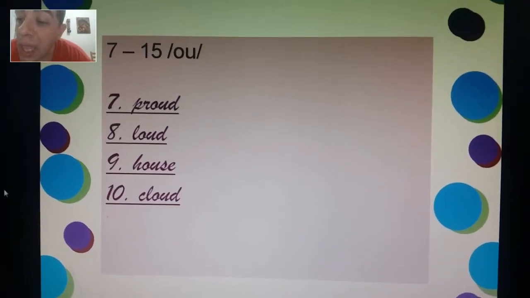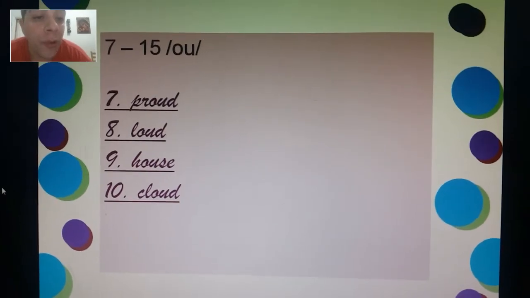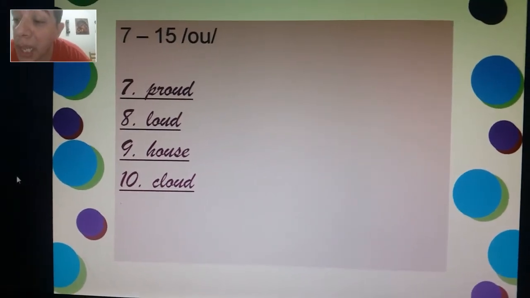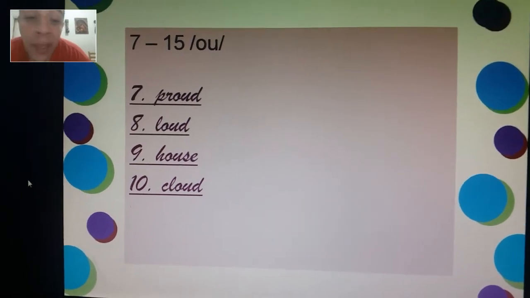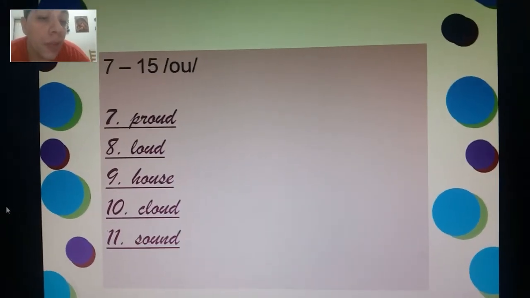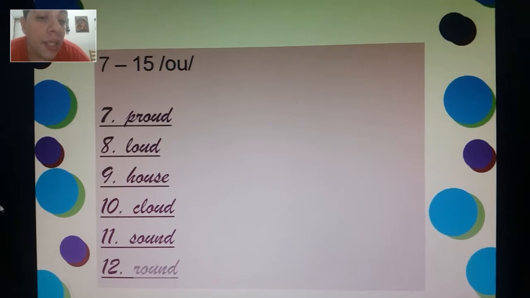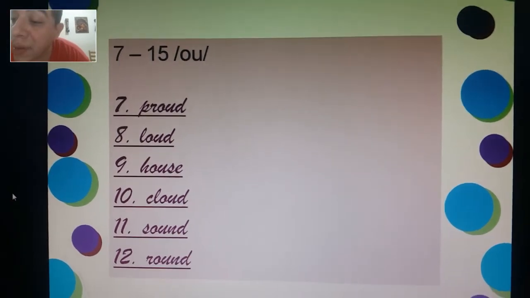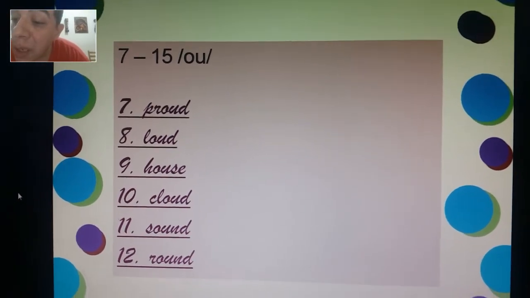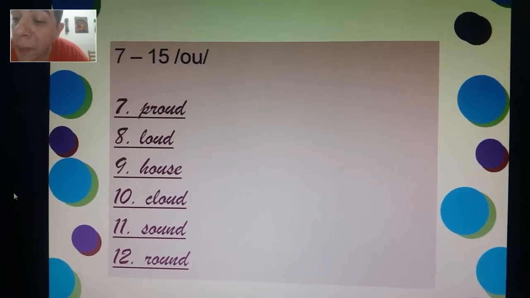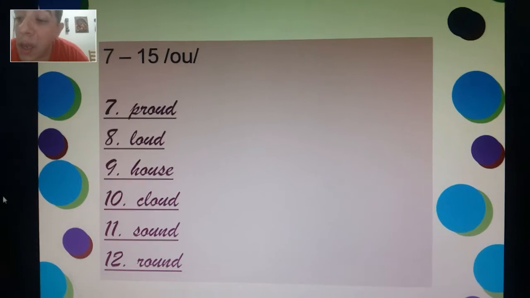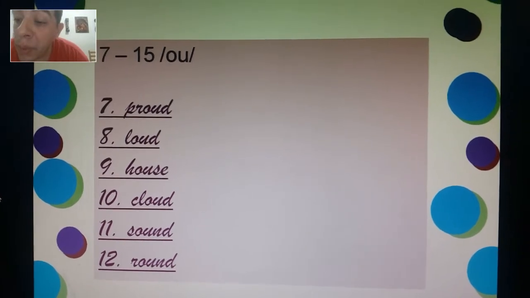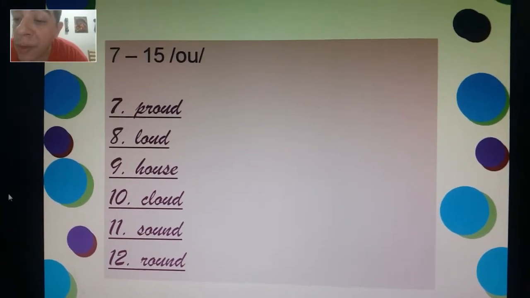Cloud, the English for nube. We saw a dark cloud in the sky. Sound is number 11. The loud ringing sound made me jump. Number 12. Round. Put the dough in the round pan.